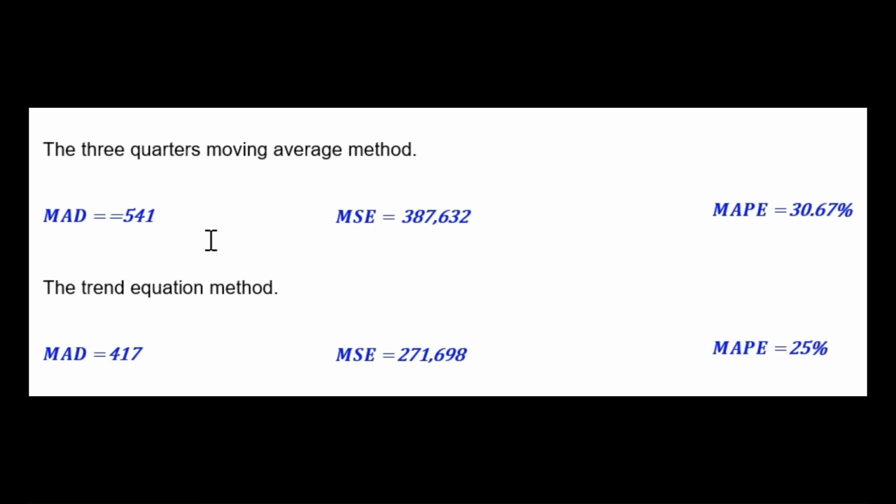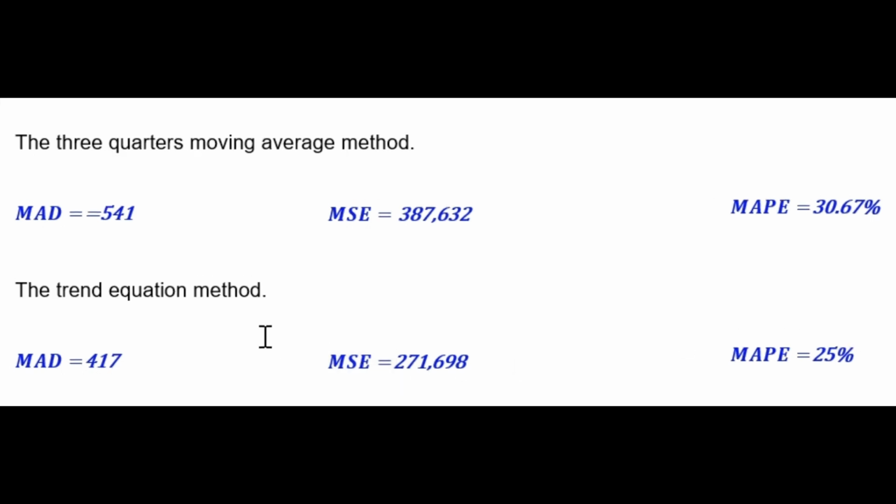So in conclusion, it is clear that the error for the trend equation method is less than that for the 3-quarter moving average. The MAD for the trend equation method is 417, while for the 3-quarter moving average it is 541. So this one is less than this one. The MSE is the same, this one is less than this one, and the MAPE, this value 25 is less than 30%.